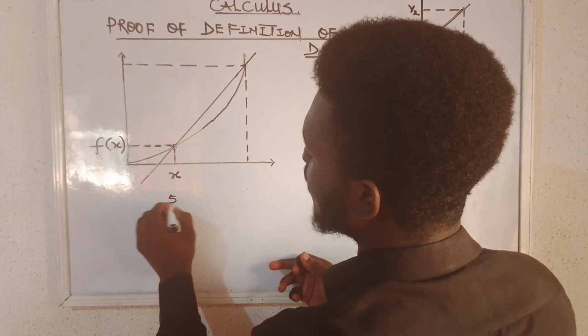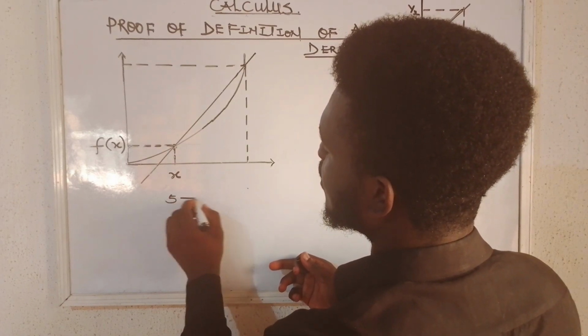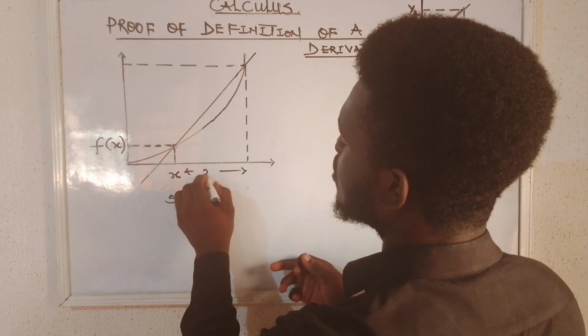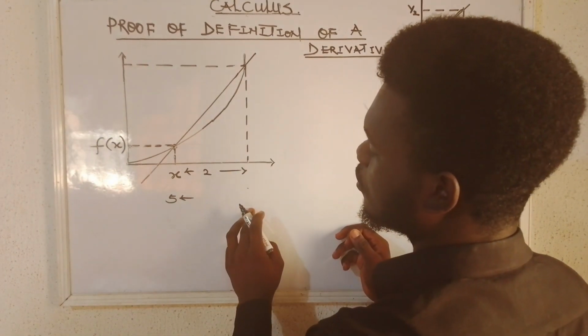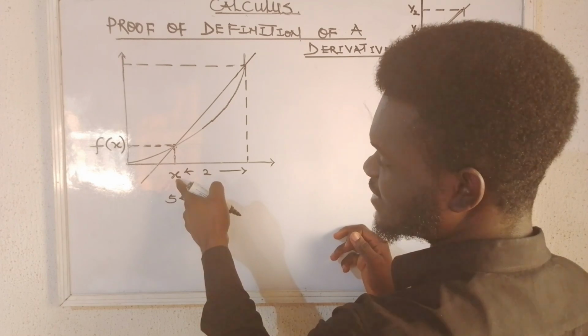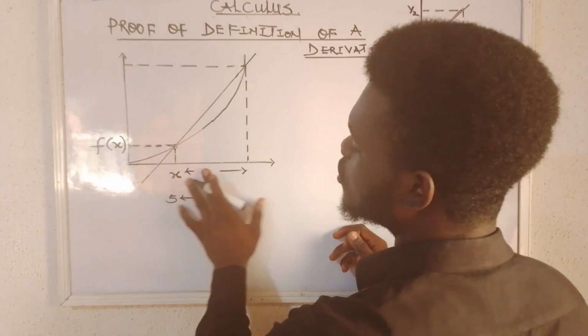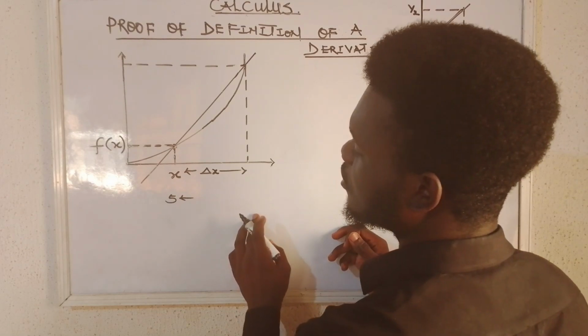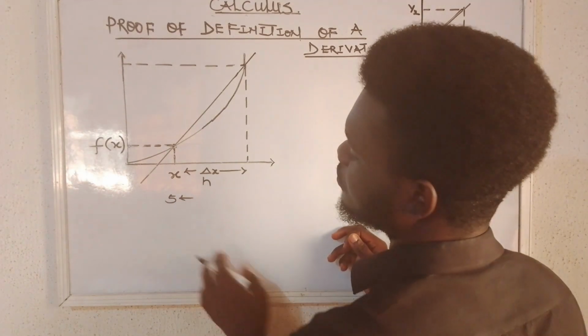Okay, now if this is 5, the distance taken from this point to this point is 2, which is the change in x. So we can call this the change in x, or h.